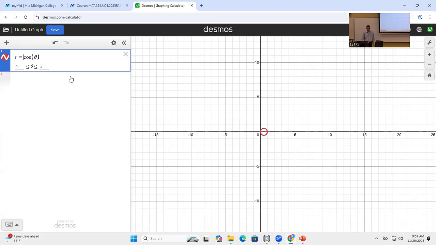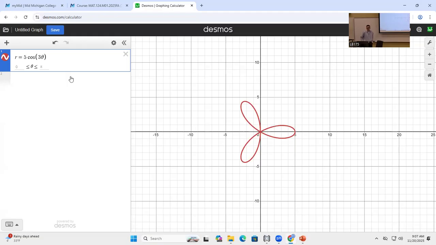So if I do r equals, let's just do 5 times cosine theta. That was the one circle laid out on the x-axis, right? That's if we have 1 theta. What if we put 3 theta in there?